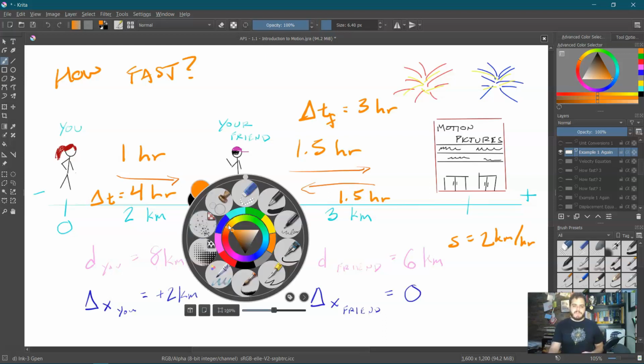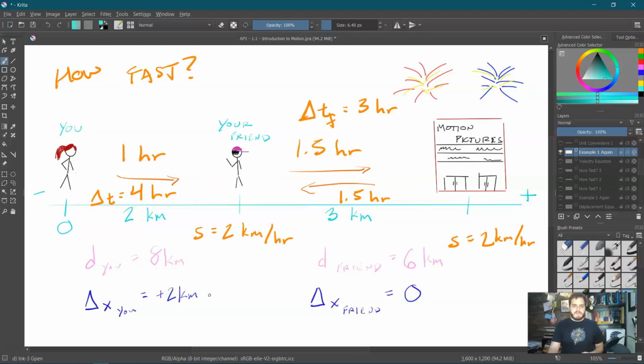Now let's also talk about velocity. So your velocity, once again, it's 4 hours, but your displacement was only 2 kilometers. So I would do 2 divided by 4, and this gives me 0.5 kilometers per hour.